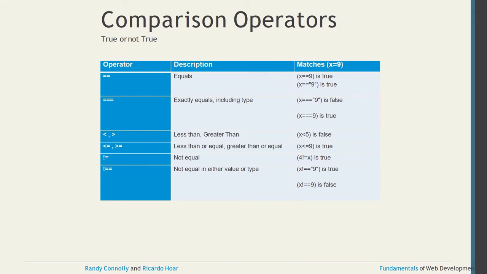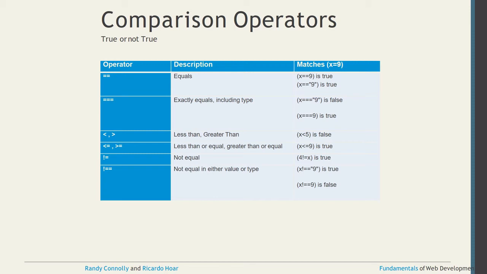Whenever you want to compare between two operands, what are the operators? This is common, but you should know it here in JavaScript also. Equal to is called equals. You can write x equal to 9, otherwise x equal to 9 inside double quotes also. Both syntaxes are okay. Clear?